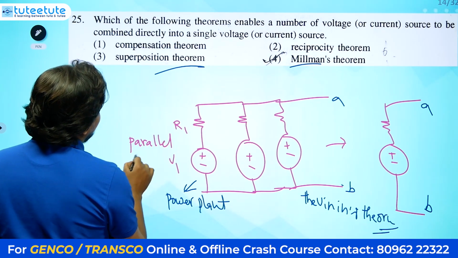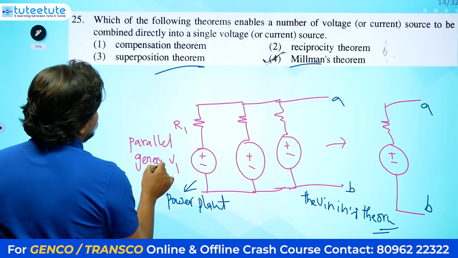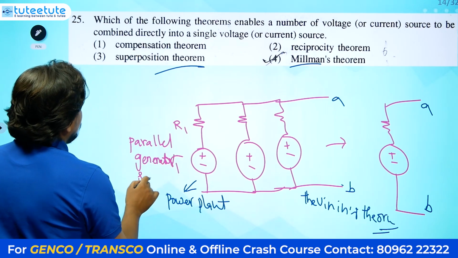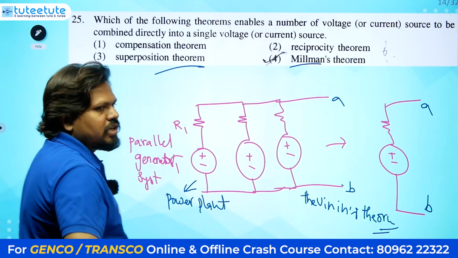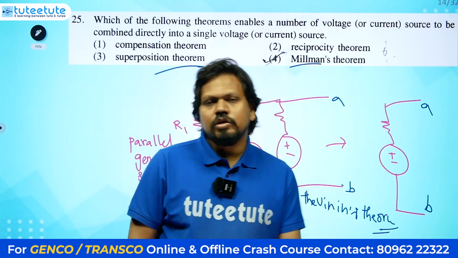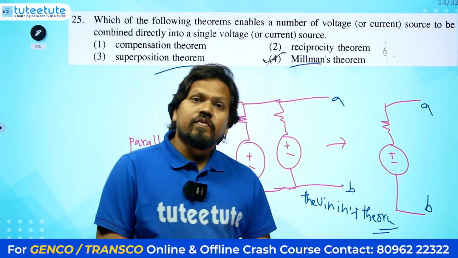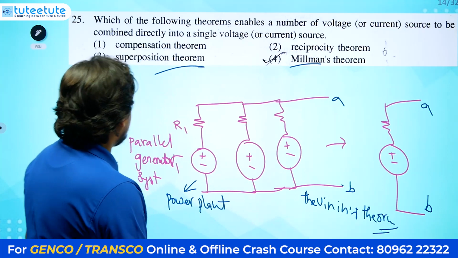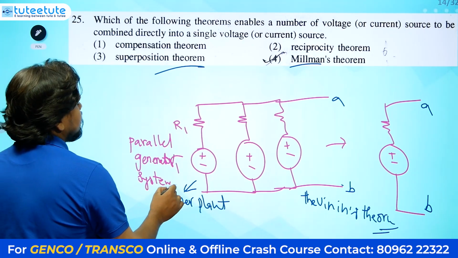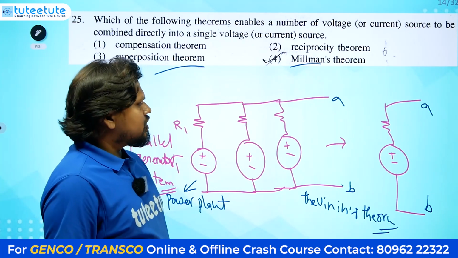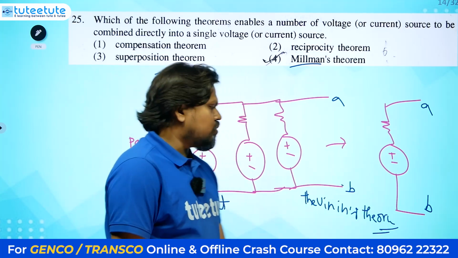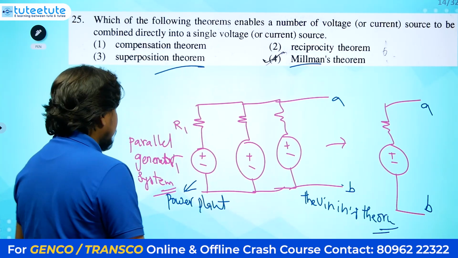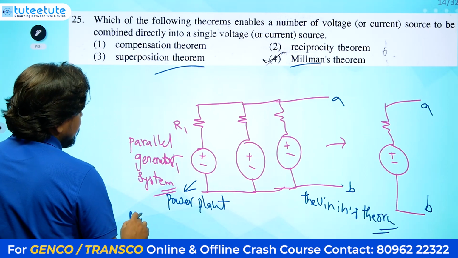In any recent power plant you take, at least 2 or 3 units will be there, 4 units, 5 units also. Whenever we have a parallel generator system, we can directly represent it like this, there is no problem. There is another name for this one, it is called Millman's theorem.